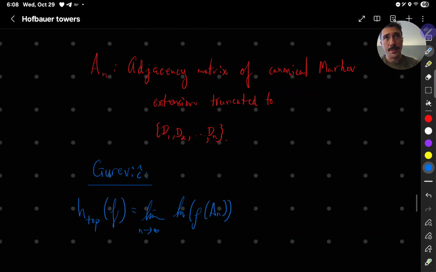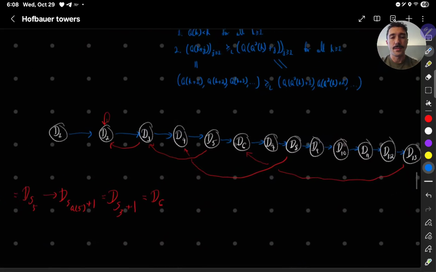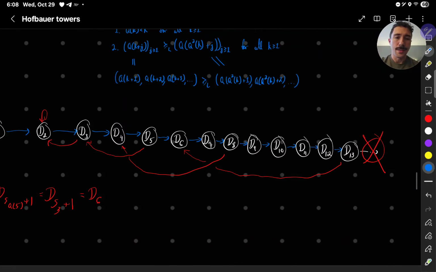And in fact, the convergence is often quite fast. The nice thing is that these adjacency matrices, because each interval, each vertex in this Markov graph only has 2 outgoing edges or 1, the adjacency matrix is quite sparse. It's mostly zeros.